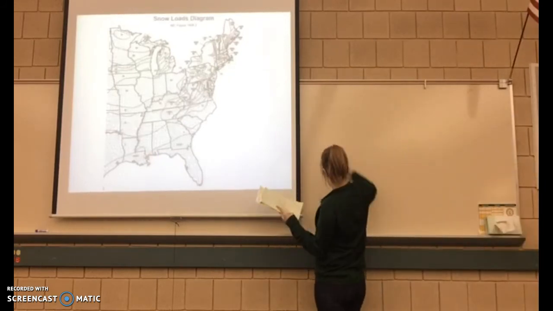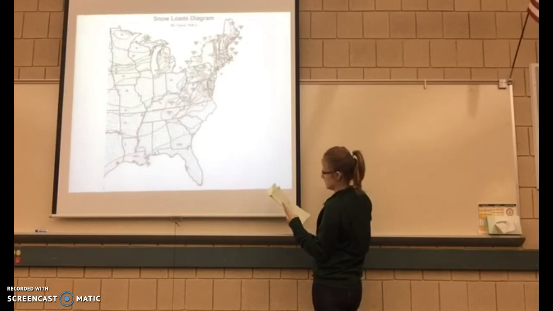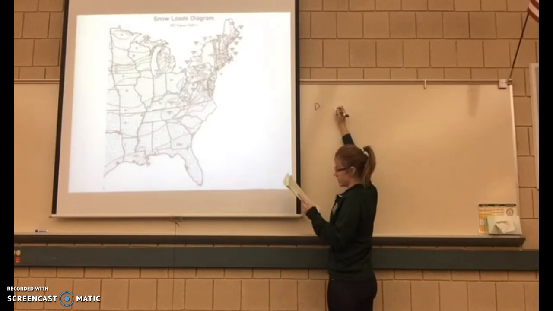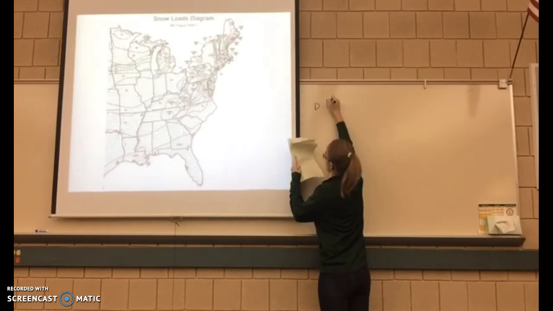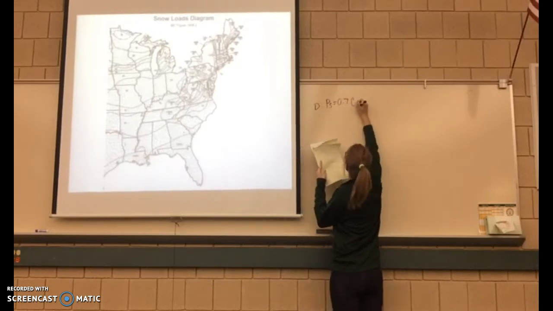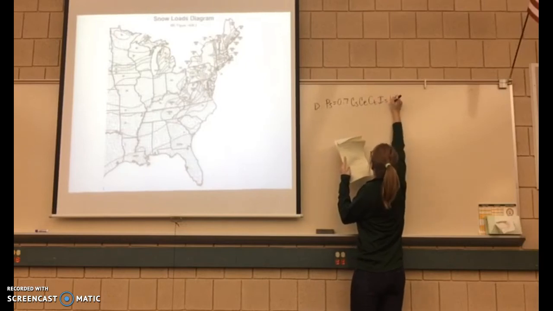Alright, so I think I was on step D. So step D, we're going to plug in all our variables. So we have PS equals 0.7 CS CE CT IS PG.